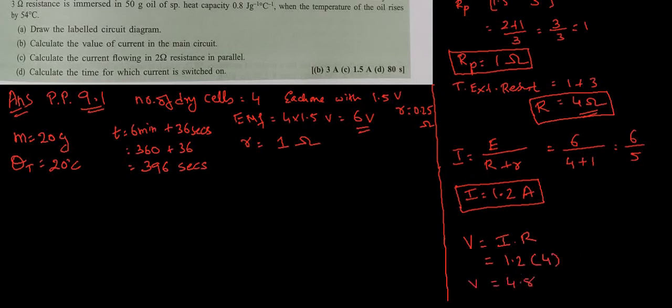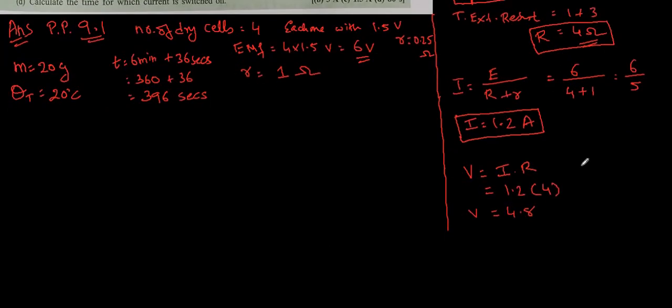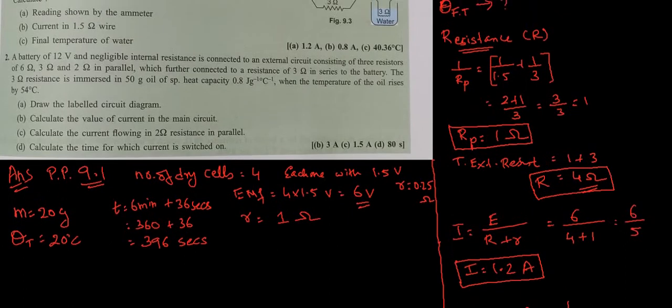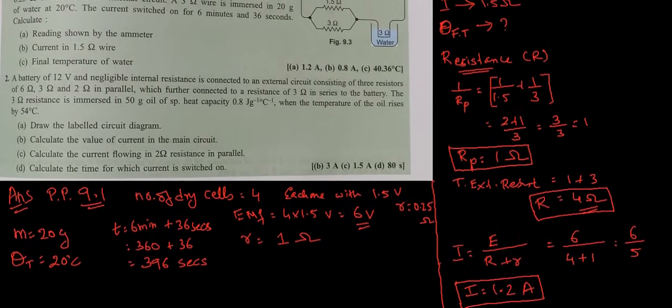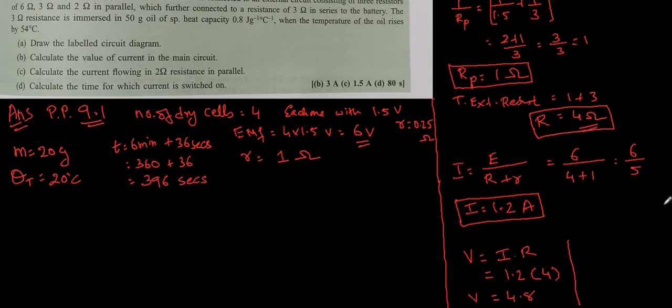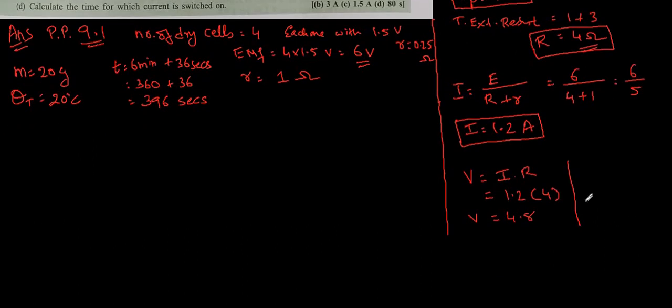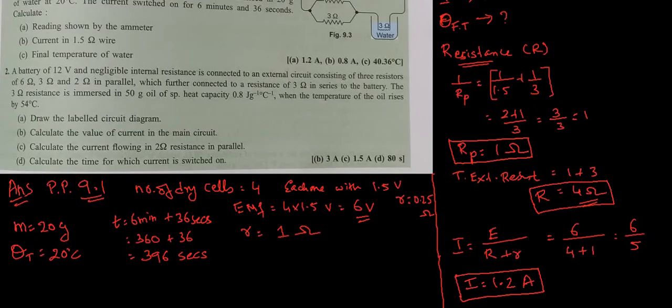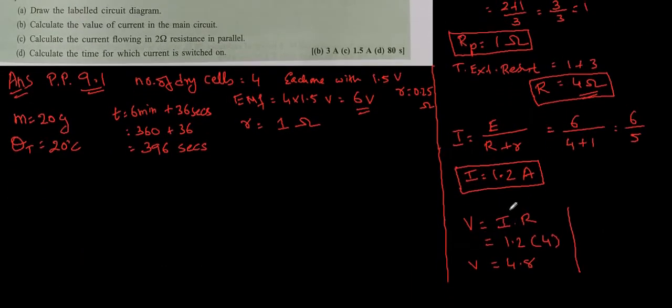So I got V, the potential difference across the whole circuit, because I have taken resistance for the whole of them. This one is the main circuit.